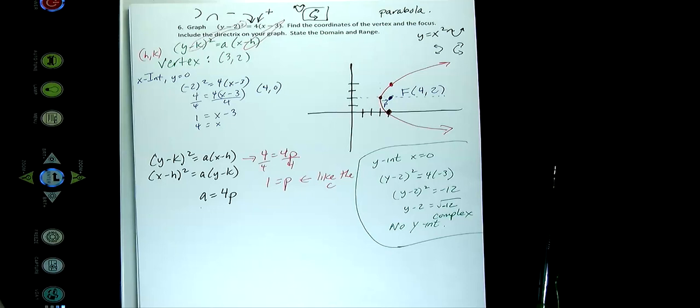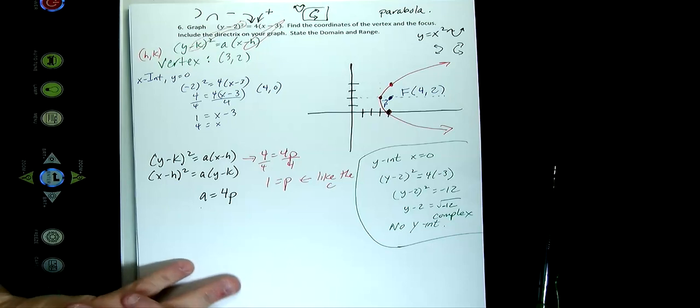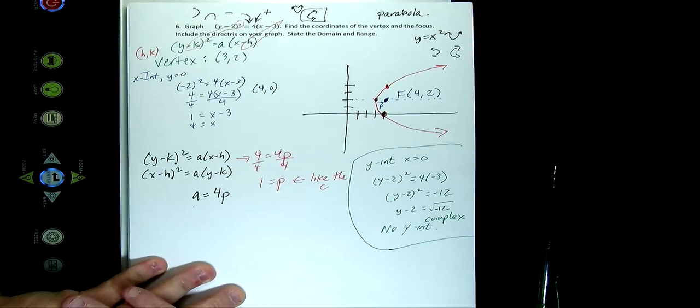What is the directrix? This is the tricky one. It's not like the ellipses and the hyperbolas. This is the variant one. Any point on the parabola is equally distant from both the focus and the directrix.